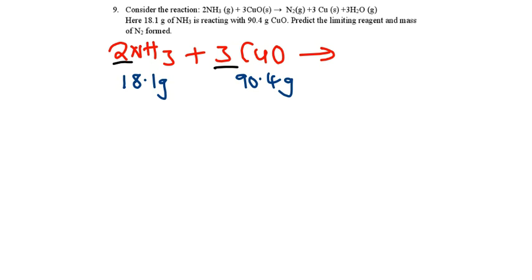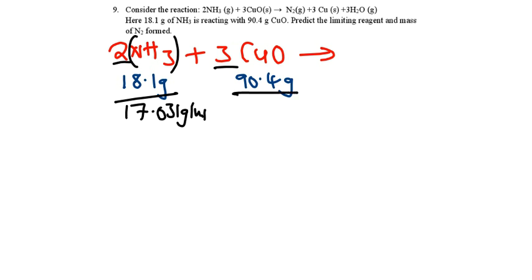So the 18.1 grams we have is divided by the relative molecular mass of NH3. Of course, ignore the coefficient when you're finding the molar mass. Nitrogen is about 14 and hydrogen is about 1, so the approximate value you should get is 17 point something. In my case it's 17.031 grams per mole.